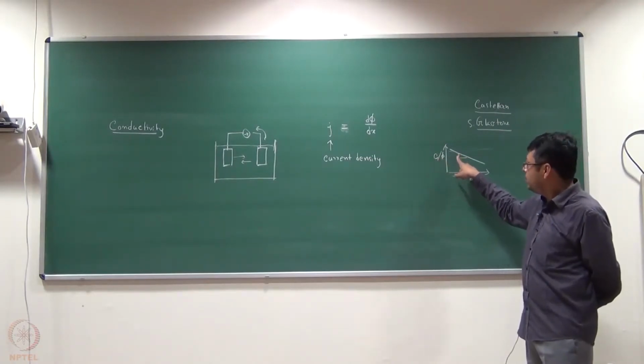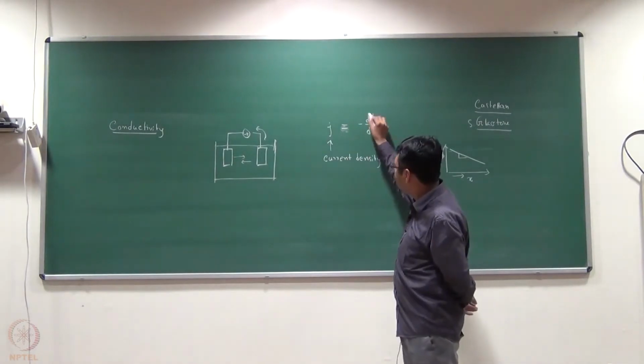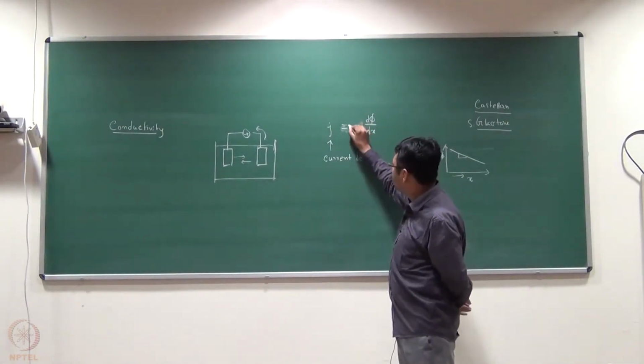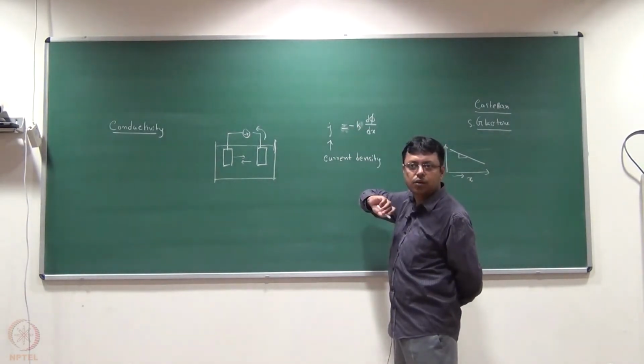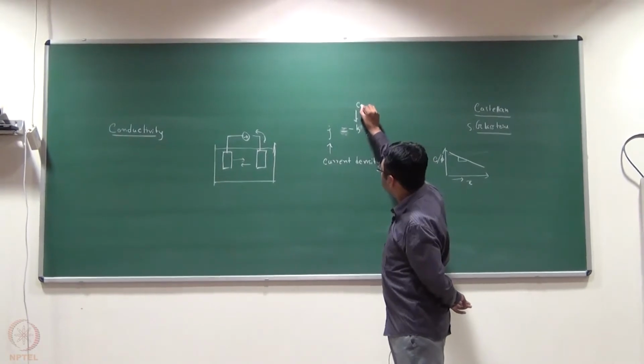Now to make it consistent, we always use a minus sign, so that minus d phi dx is positive. And the proportionality constant in this case we call kappa. Kappa is known as conductivity, right?